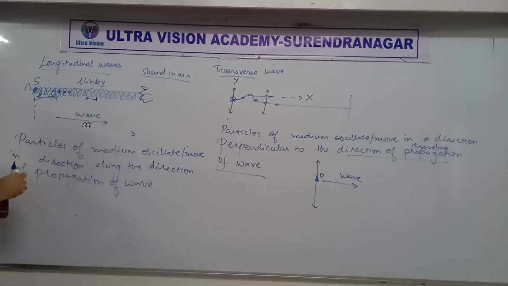So let's say it was like this. At some point of time, it's possible that the particles at the end points will both go away from each other, like this and like this. So what will happen is that this portion will expand. Do you understand what I'm saying? If the particles at the end points both go away, do you realize that this portion will expand? Yes or no?